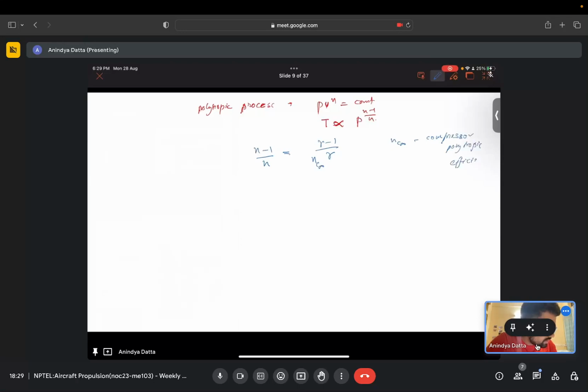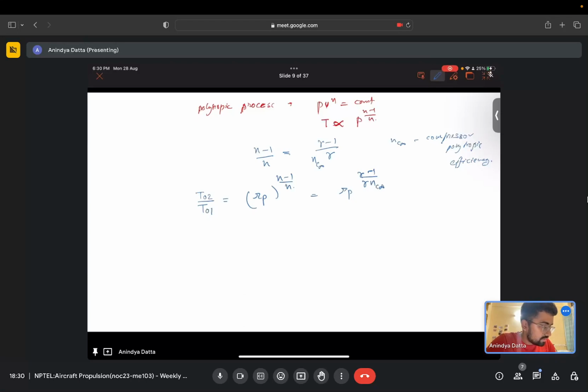Okay, and now since we are approximating the actual compression process as a polytropic process, this actual temperature ratio T02 by T01 is Rp to the power n minus 1 by n, or which we can write as Rp to the power gamma minus 1 by gamma eta c infinity.